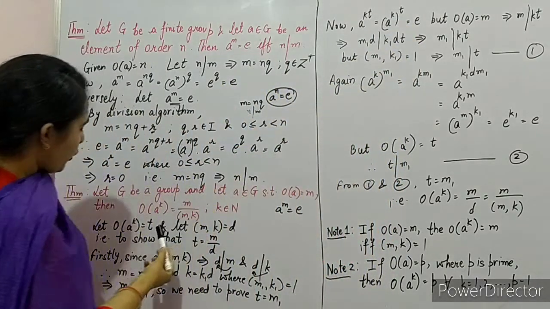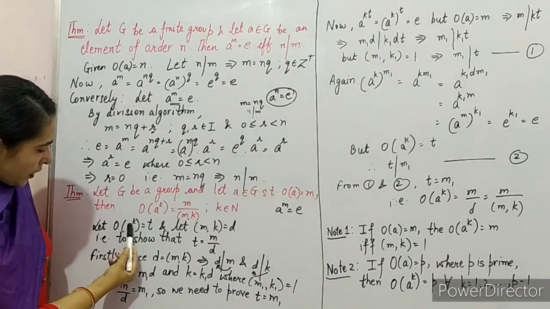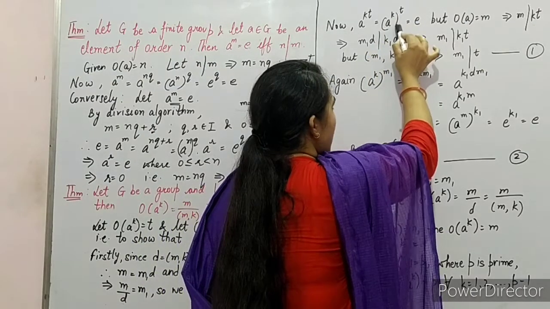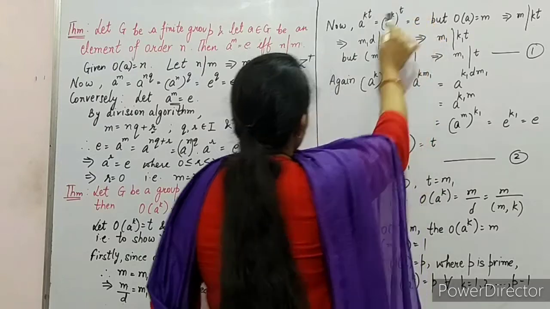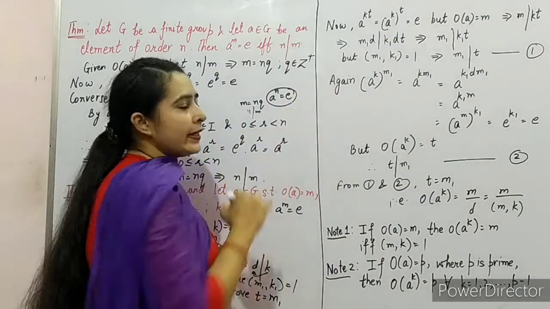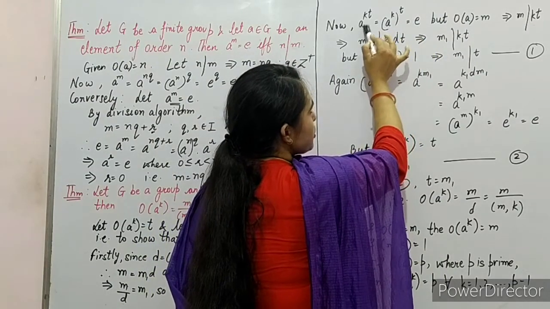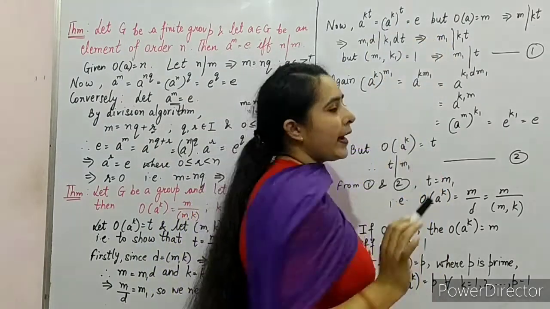What is the order of a raised to the power k? It is t. That means if we raise this element to the power of its order, we get identity. So a raised to the power kt is equal to identity.